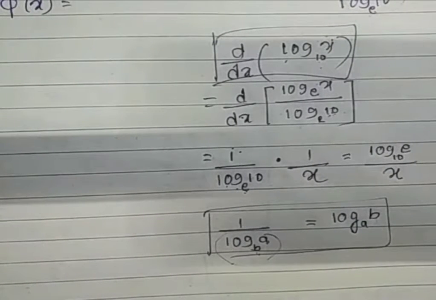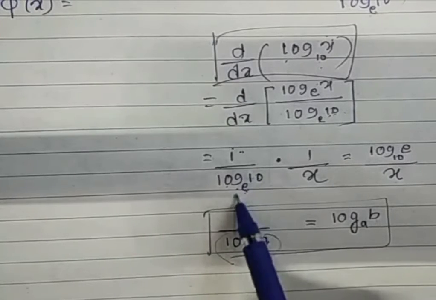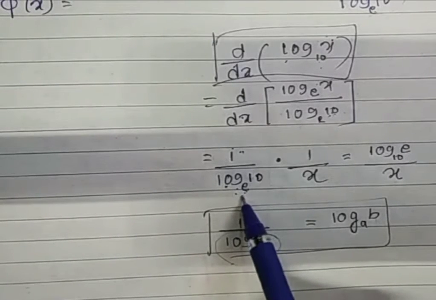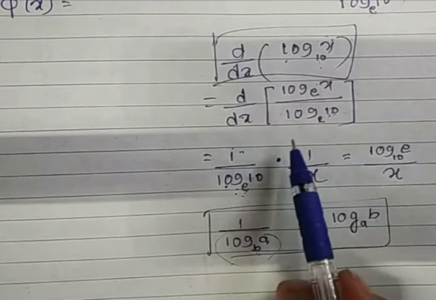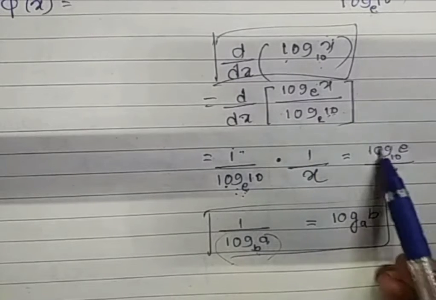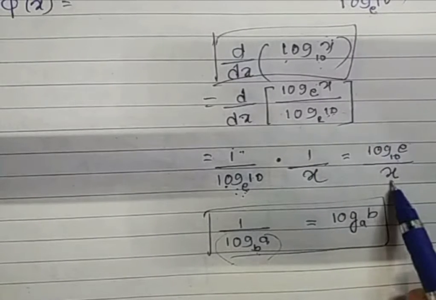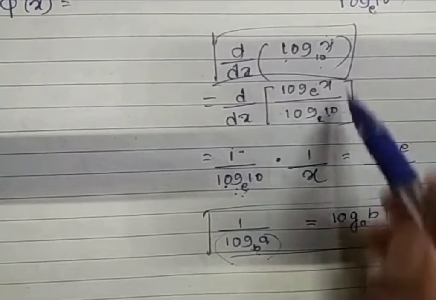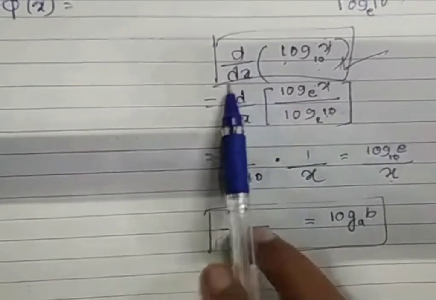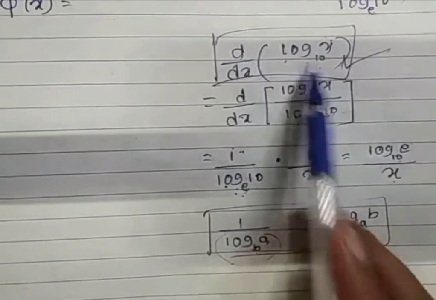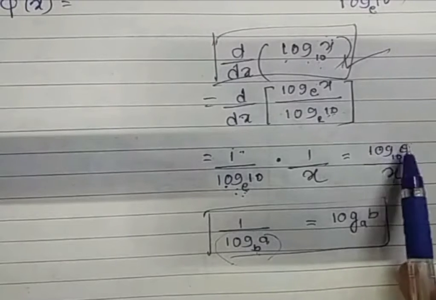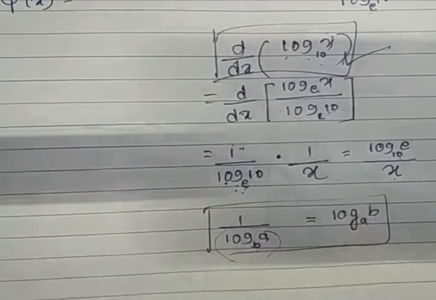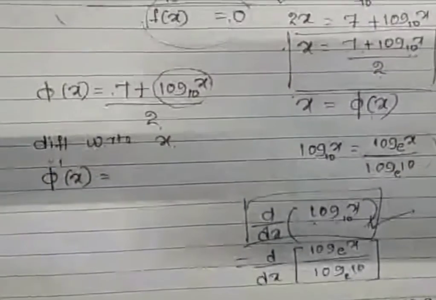So using this logarithmic property, 1 divided by log 10 to the base e, we can write it in the numerator as log e to the base 10 divided by x. So here derivative of log x to the base 10 is log e to the base 10 divided by x. So with the help of this, now we can simplify this one.